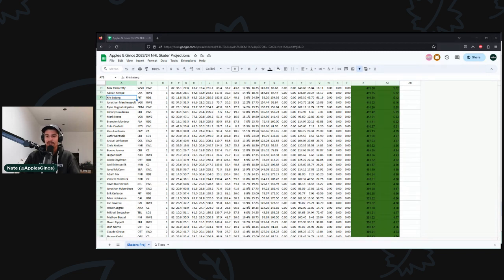For myself, in a perfect scenario, I think each person doing projections should separately define even strength, power play, and shorthanded time on ice, and then they should define what they think that player is capable of at each of those different game states. I think that's pretty important, to be honest.